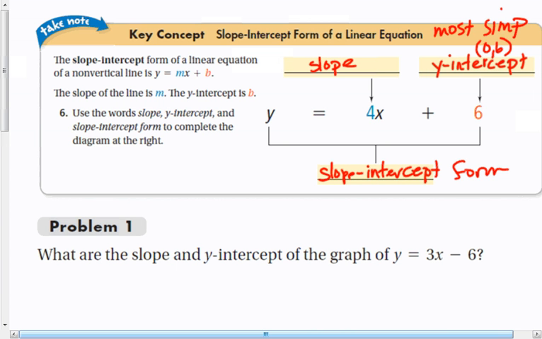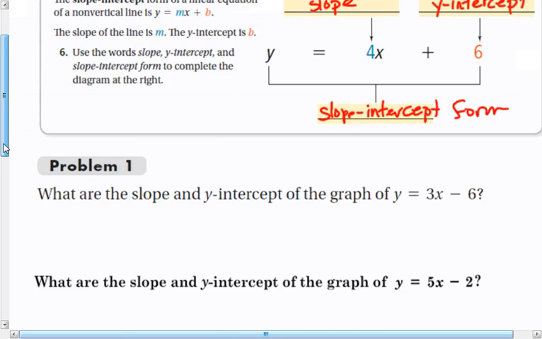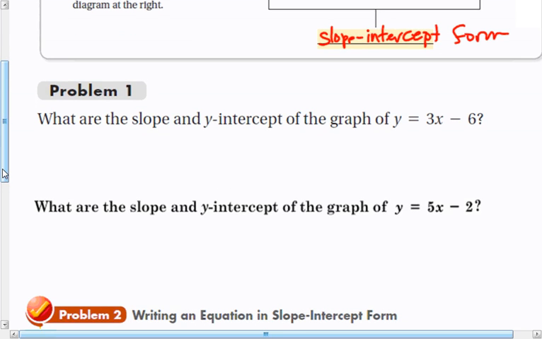Okay, so let's go ahead and do the problem here. What are the slope and y-intercept of the graph? Okay, so slope-intercept form is this. Right there is the slope, and right there is the y-intercept. Remember, that's the y-coordinate of the y-intercept.